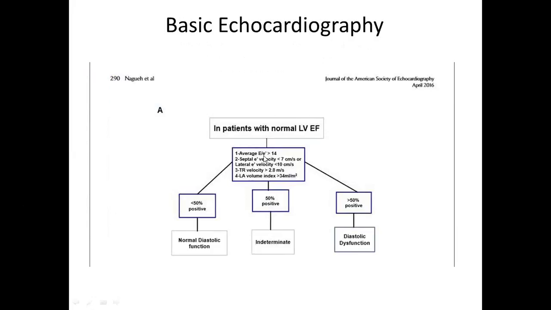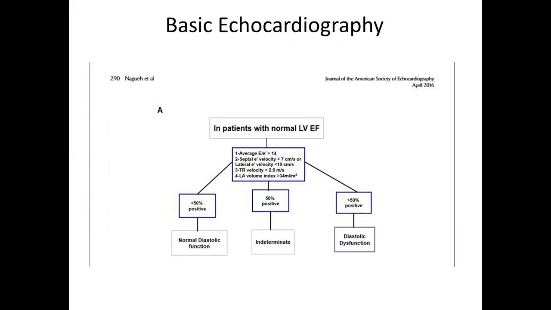The average E/E prime, if it's more than 14, your septal, that's the medial, E prime, if it's less than 7, or the lateral less than 10, if your TR velocity is more than 2.8, or the left atrial volume index is more than 34 mLs per meter squared. They need 3 of these things to be abnormal before you can say they have diastolic dysfunction.